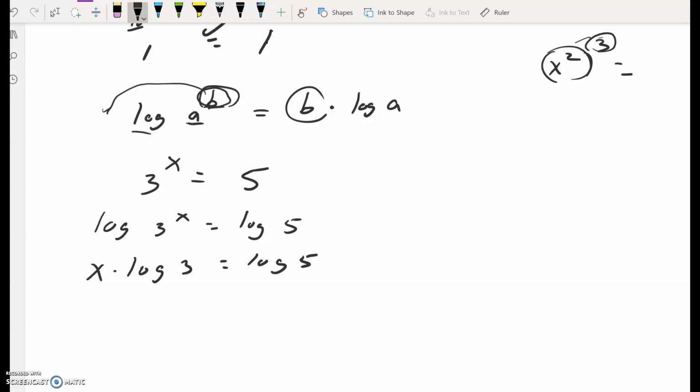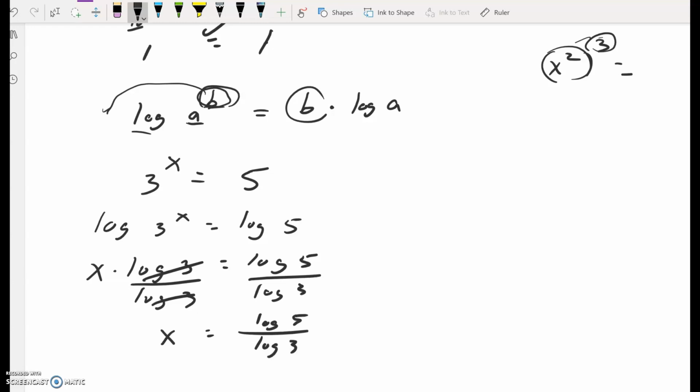And a logarithm base 10 of 3 is just a number. It's some weird decimal, but it's just a number. So we can divide both sides by that number, and we just found out what x is. It's the logarithm base 10 of 5 over the logarithm base 10 of 3. That is the power that you would raise 3 to get 5.